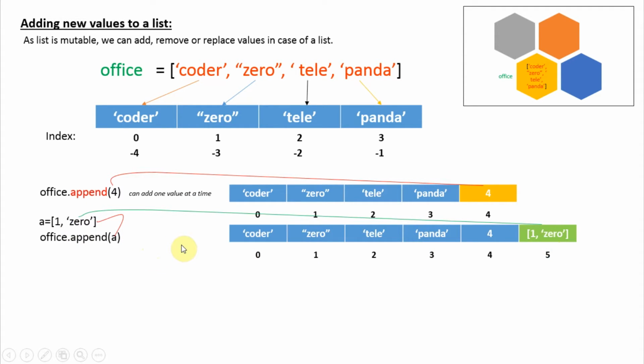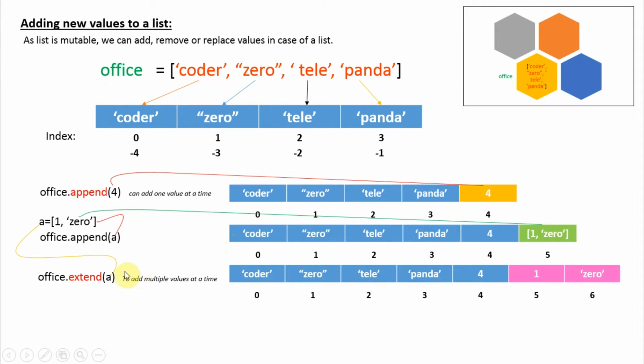So guys, if you want to add multiple values at the same time, we could use the extend command. So here we have created one small list, right? A. Here we are using that small list as input for the command extend. It will add each and every element of the small list as a separate element in the main list office, just like this.